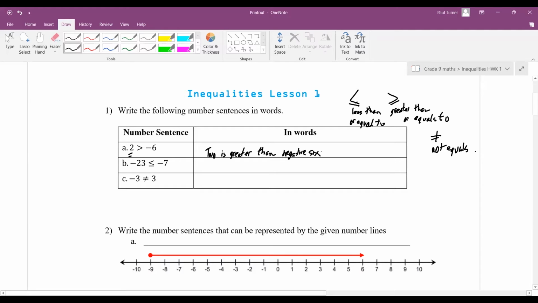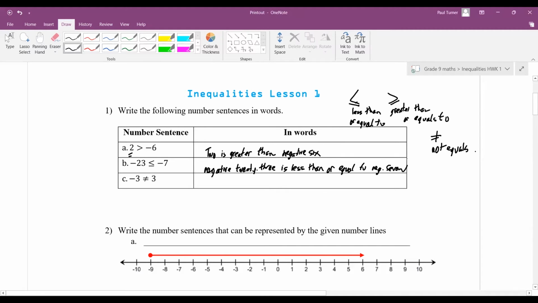In question B, we have -23 is less than or equal to -7. So -23 is less than or equal to -7.